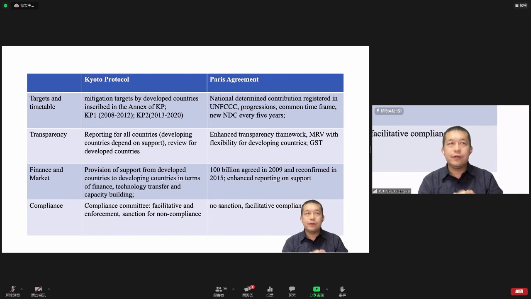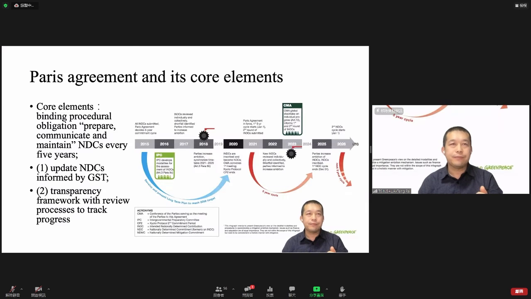And of course, there are differences in terms of transparency, finance and market, and compliance. And because of time limitation, we will not discuss these in detail. So the core elements of the Paris Agreement build upon this bottom-up idea of the NDC, which is country proposed and owned by the countries, and they prepare, communicate, and maintain those NDCs by themselves.